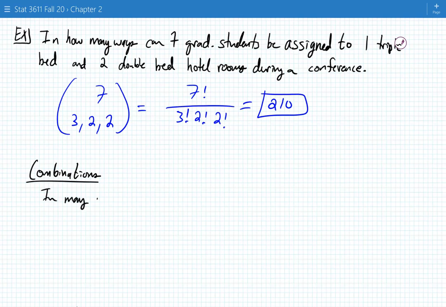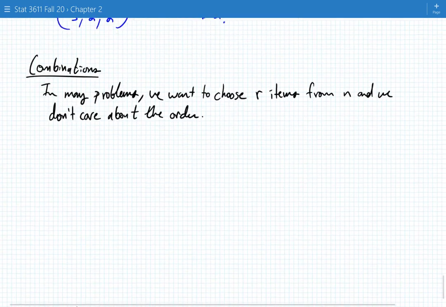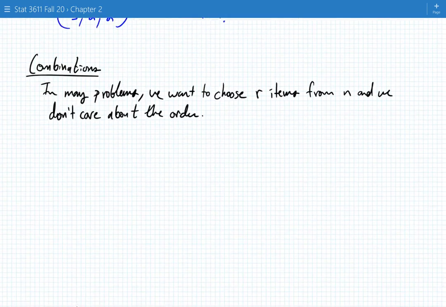In many problems, we want to choose R items from N, and we don't care about the order. We want to choose R items from N, and we don't care about the order.